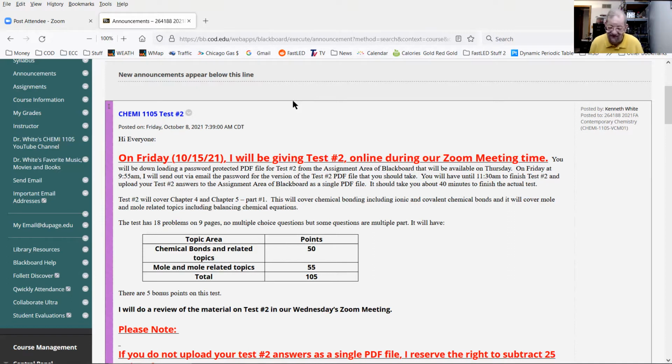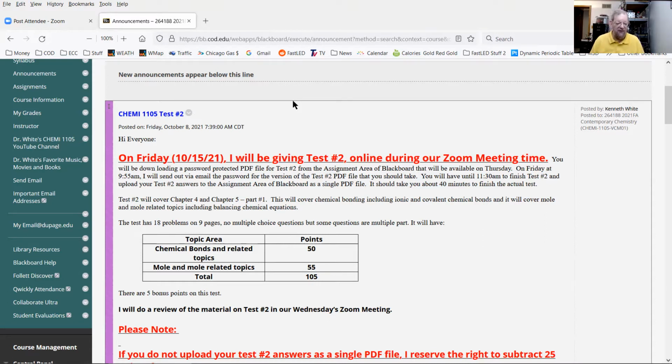Relax, it's designed for you to finish in a reasonable amount of time. I have no multiple choice, but some of the questions are multiple part, like parts A, B, and C.